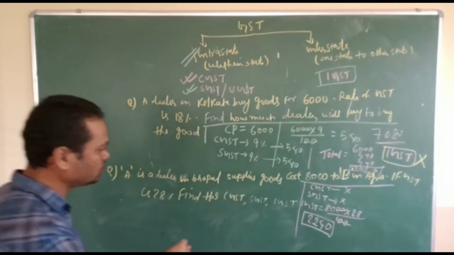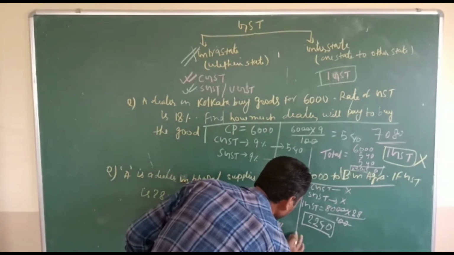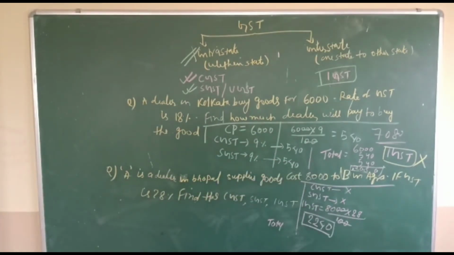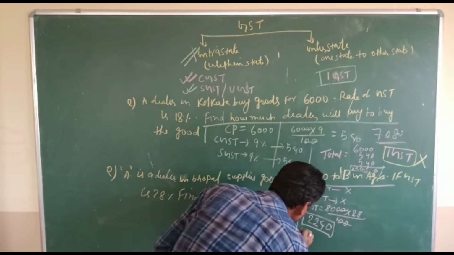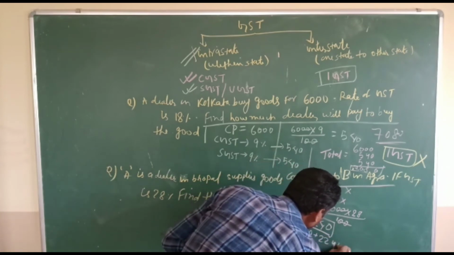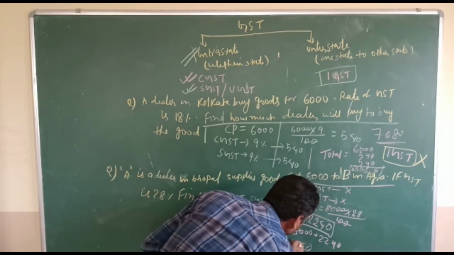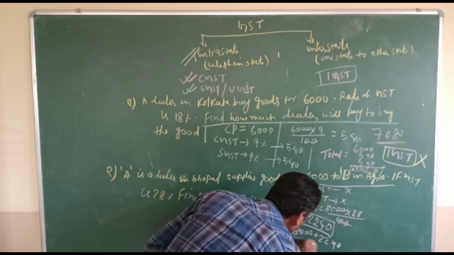So total, how much do you need to pay? Total is 8,000 plus 2,240, which will be 10,240.